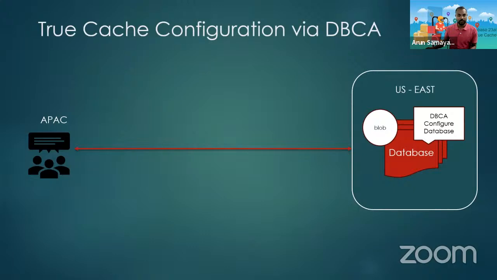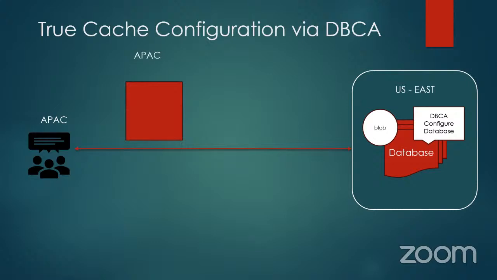It is basically a blob which contains both the Oracle password file and also the wallet file, which is required to establish connectivity between the True Cache node that we are going to set up and the database in here, to be able to pull all of the redo data and all of the data that is required from the primary database, which is the US East.